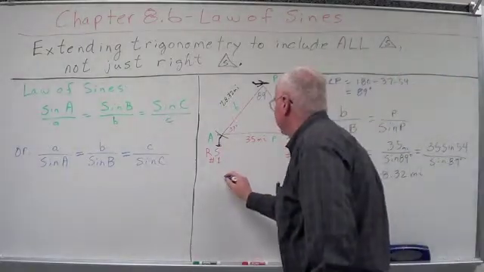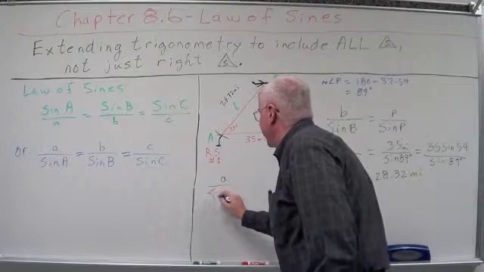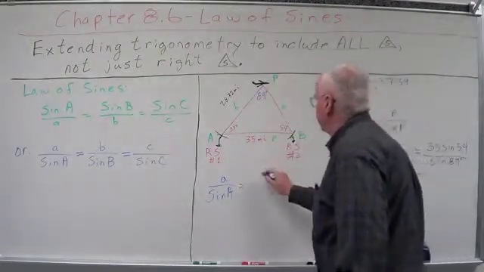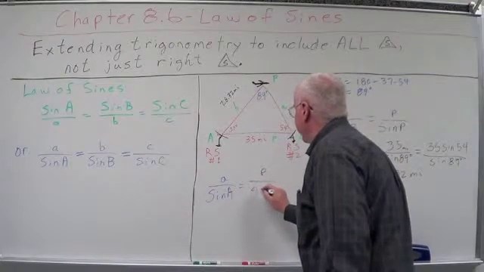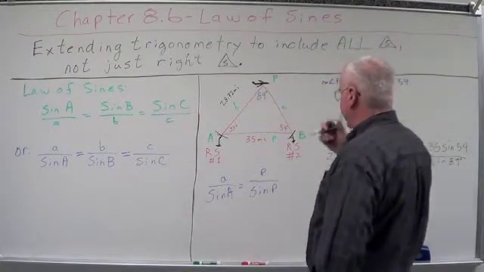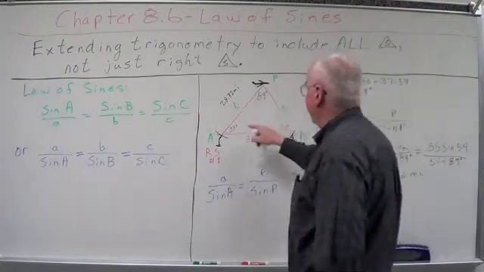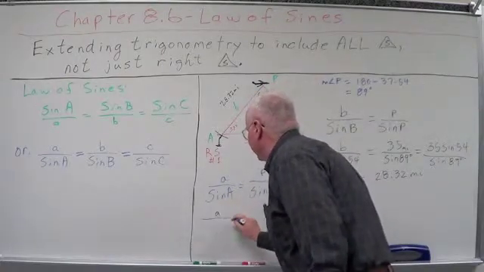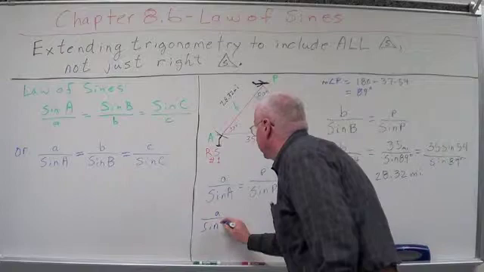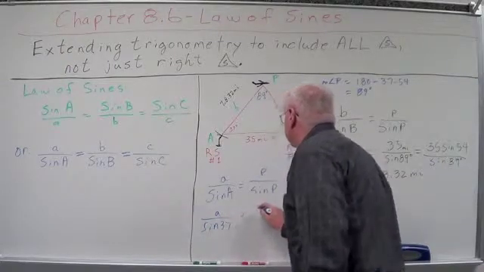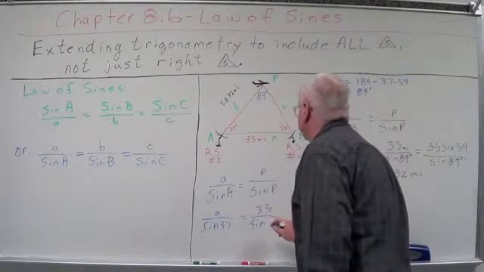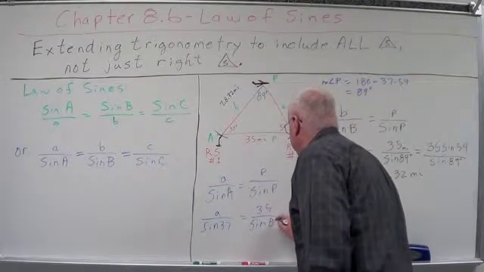That would be, we want this. So A divided by the sine of A equals, again, we're going to use P divided by the sine of P. All right? We don't know A, but we sure know what the angle A is. So A divided by sine 37 equals 35 divided by sine of 89.